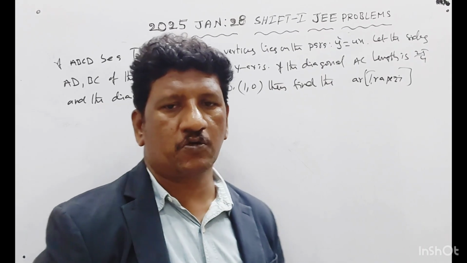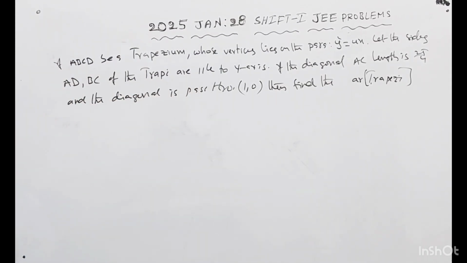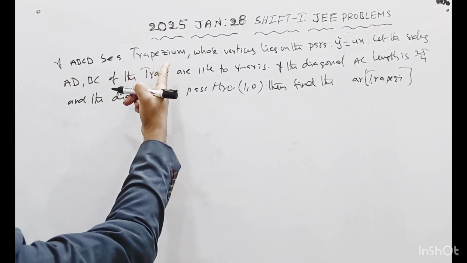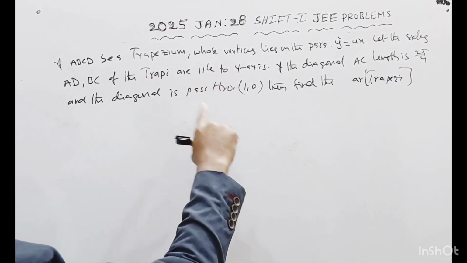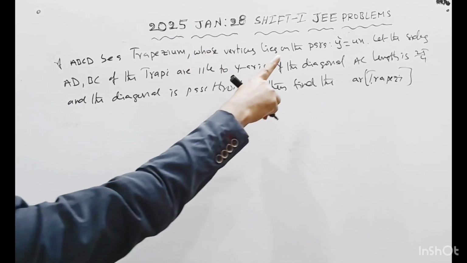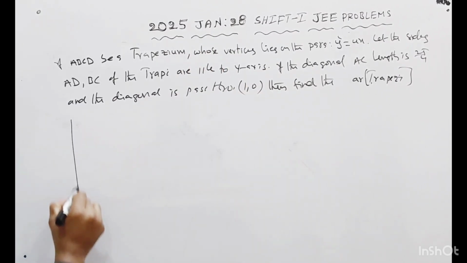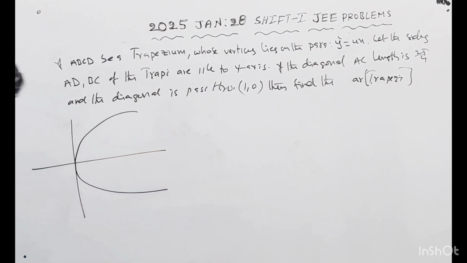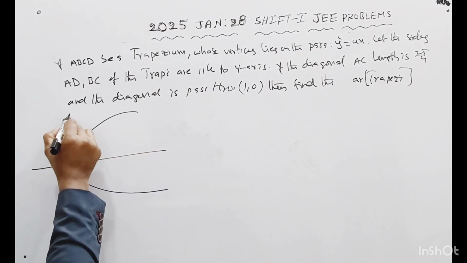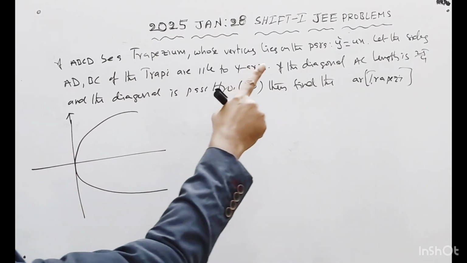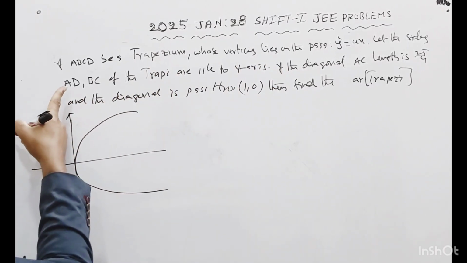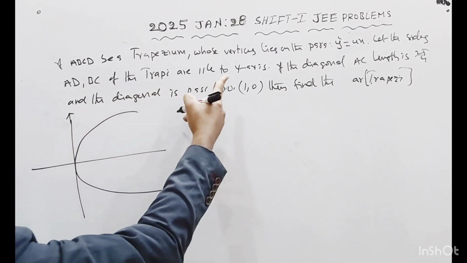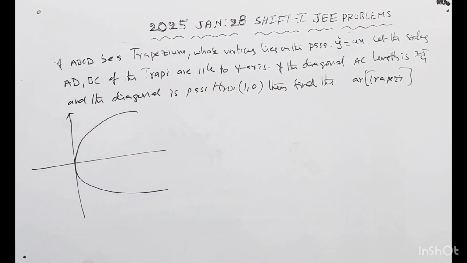Yes, students, this is a question from parabola, conic section. ABCD is a trapezium whose vertices lie on the parabola. First of all, you draw the parabola. This is the parabola, y square is equal to 4x. Let the sides AD and BC of the trapezium be parallel to the y-axis.